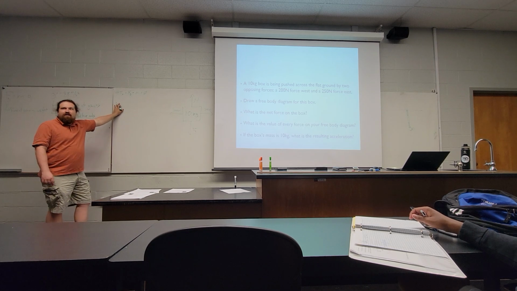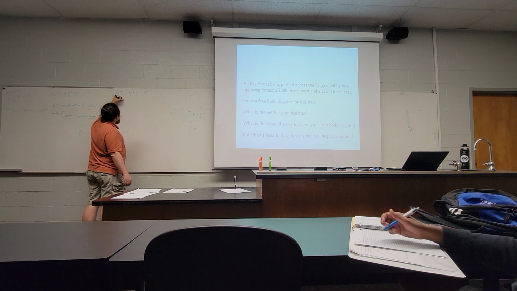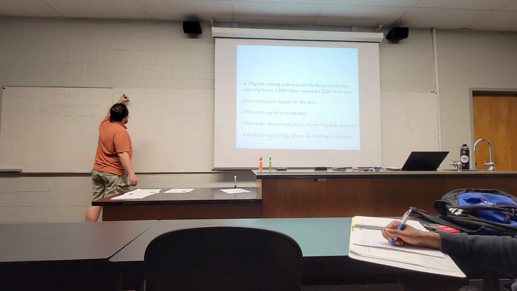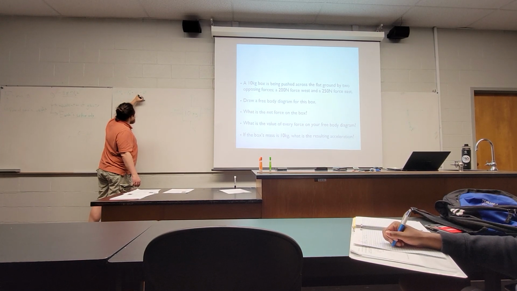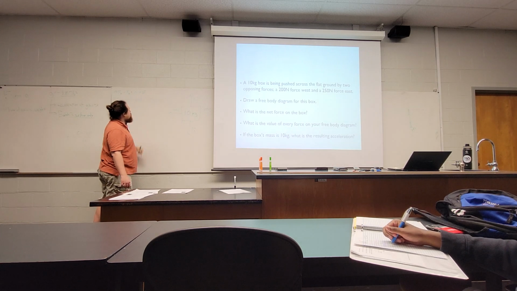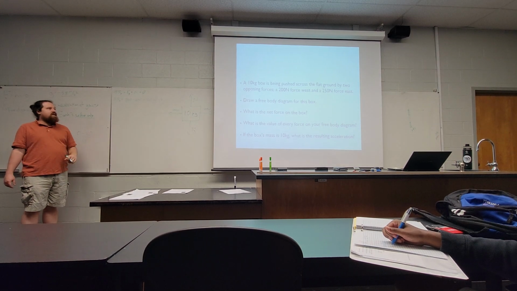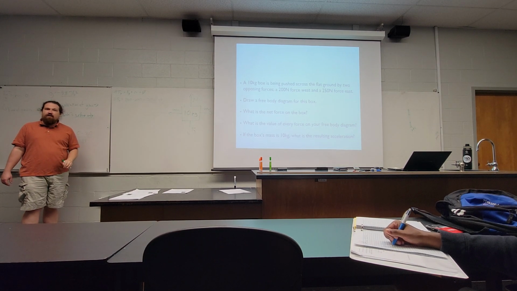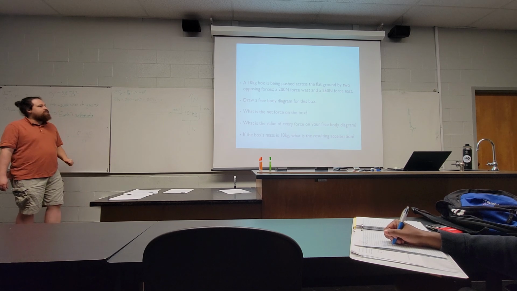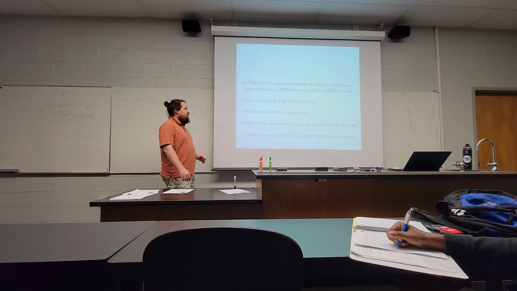But what about horizontally? Very good. They would add up to 50 because they oppose each other. So the net force is 50 newtons to the right and nothing vertically. Questions so far?